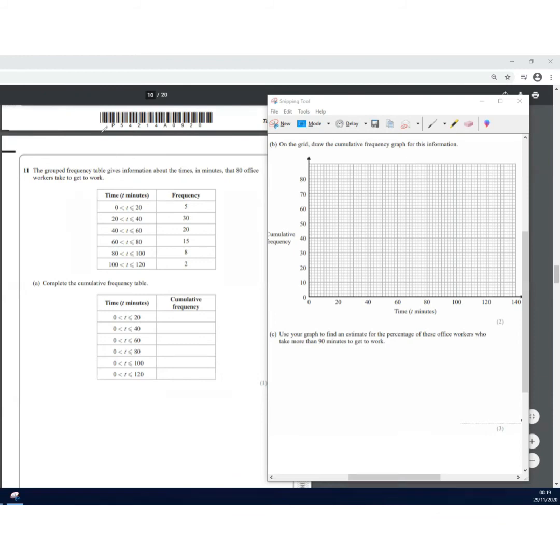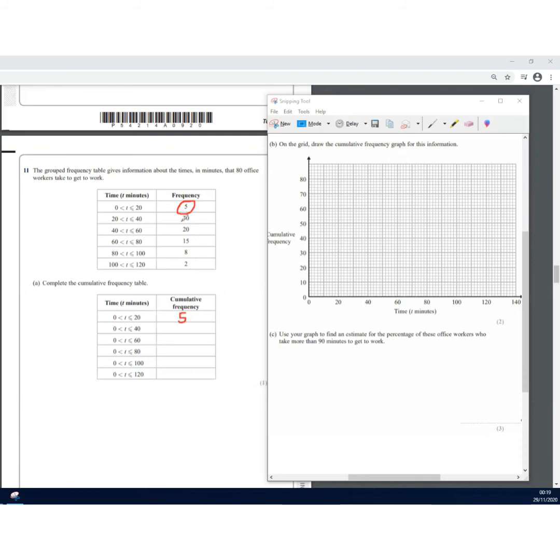To complete the cumulative frequency table, the first number is exactly the same as the number in the frequency column. Then you add the first cumulative frequency number to the second frequency to get the second cumulative frequency. So that would be 30 plus 5 to get 35. Then similarly, you add this to the third frequency to get 55.